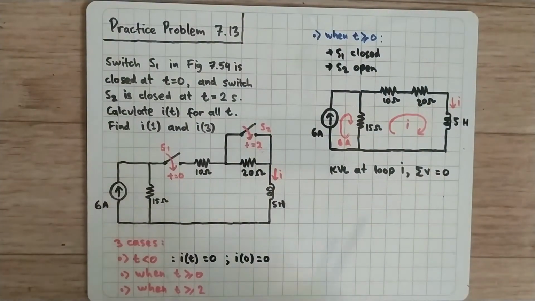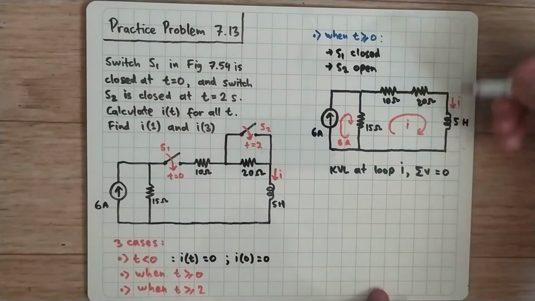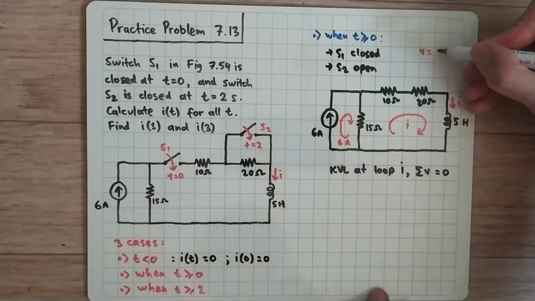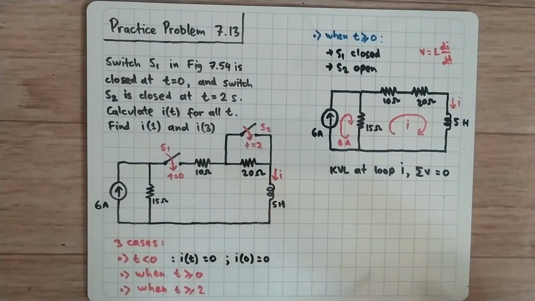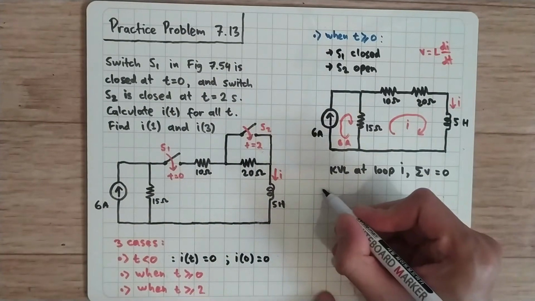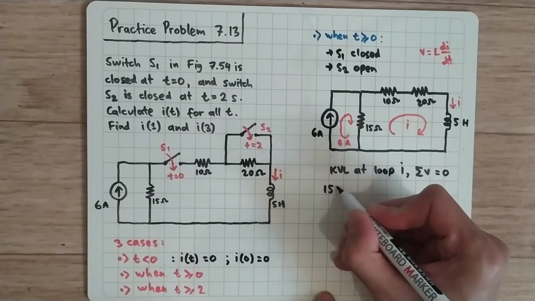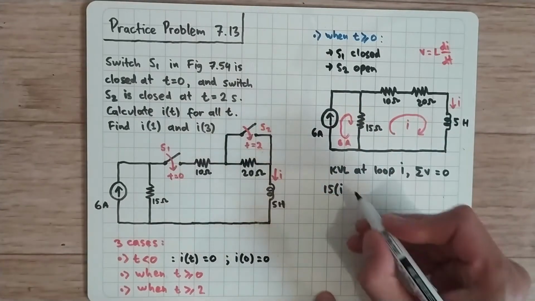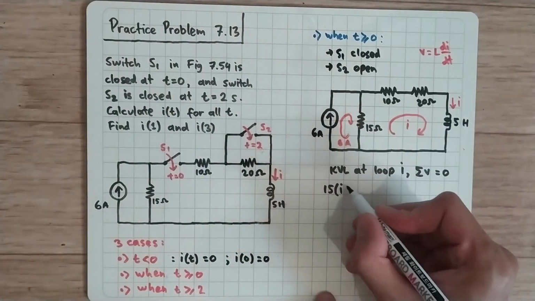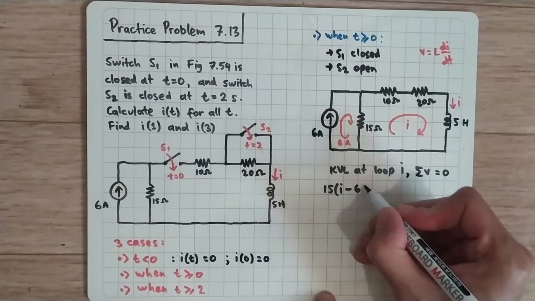And one thing to note here is that the voltage across an inductor is v equal to L di/dt. Now let's start from this 15 ohm resistance. So I will have 15 multiplied by i, but here the 6 ampere current passes in the other direction, so I will have minus 6 here.